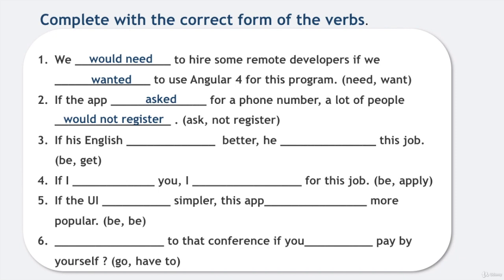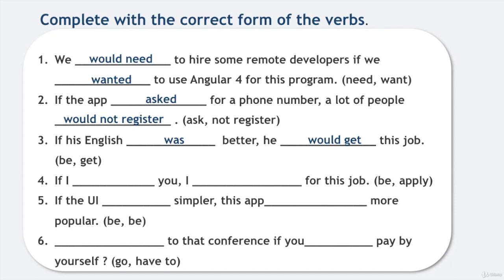And the result is a lot of people would not register. We use would for the result. Number 3. The answer is, if his English was better, he would get this job. What is the condition here? The condition is, if his English was better.